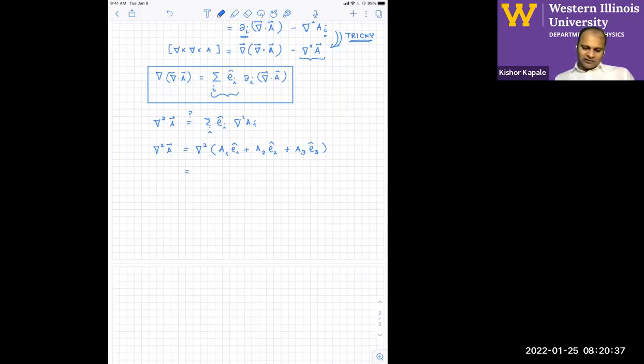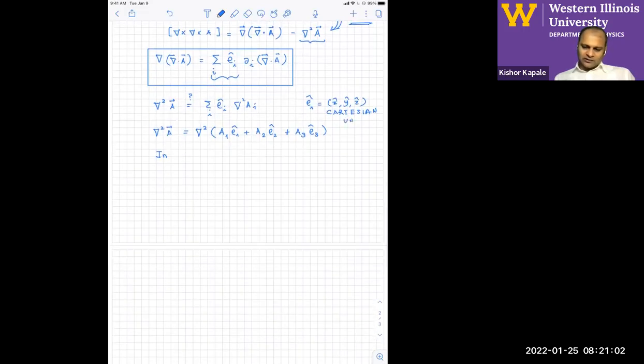And so let's now take it and apply the del square operator individually. And because, okay, in the Cartesian coordinate system, the EI, of course, are equal to x hat, y hat, z hat. Okay, Cartesian unit vectors.